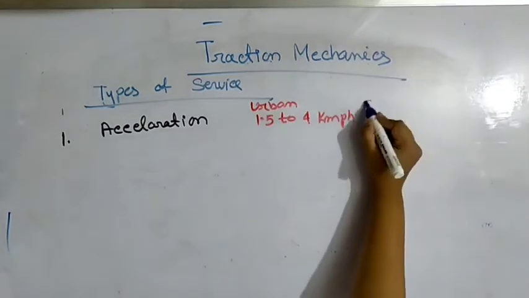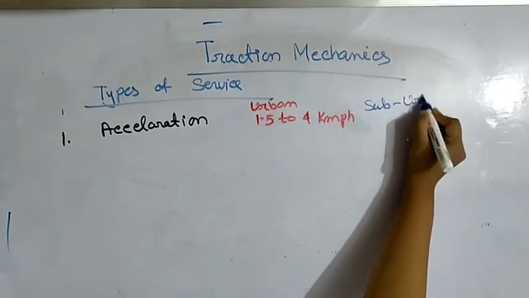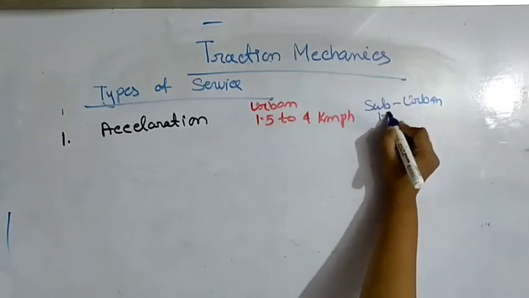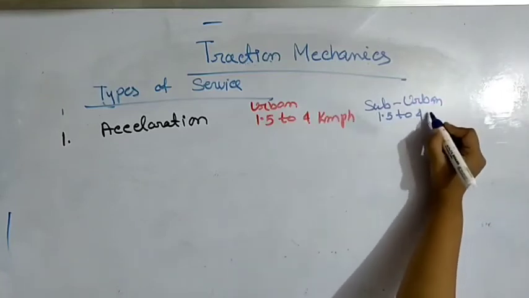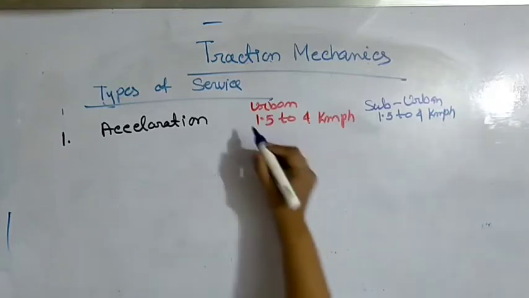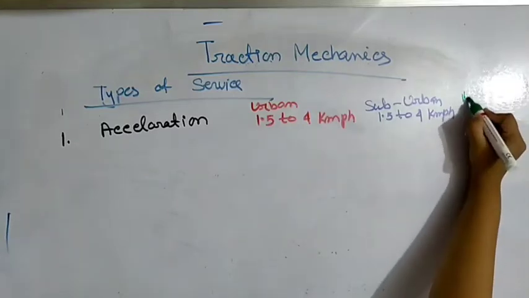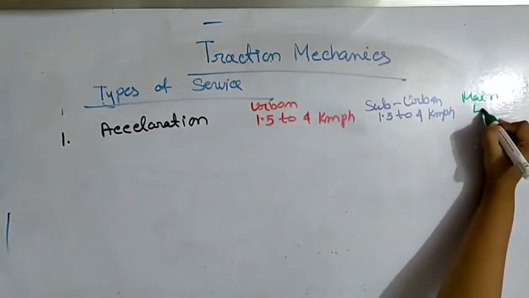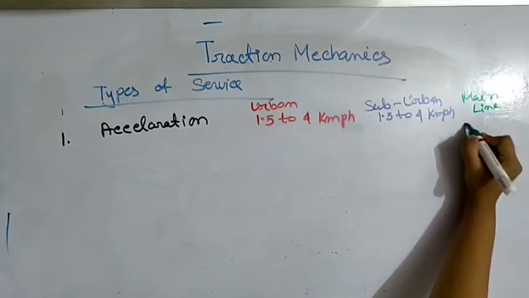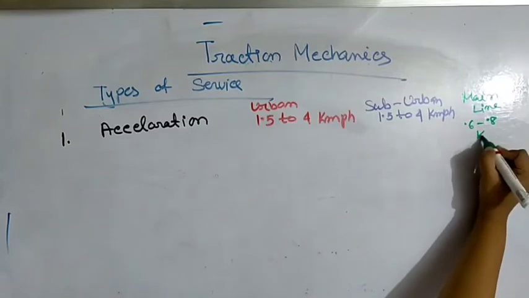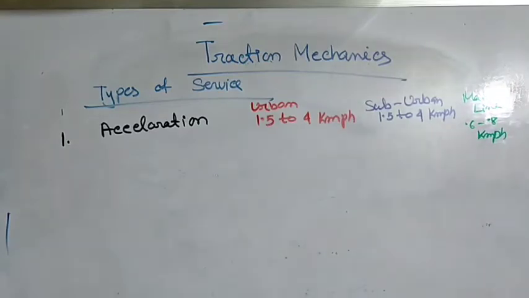For suburban service, it is 1.5 to 4 kilometer per hour per second, similar to urban service. And for mainline, it is 0.6 to 0.8 kilometer per hour per second.